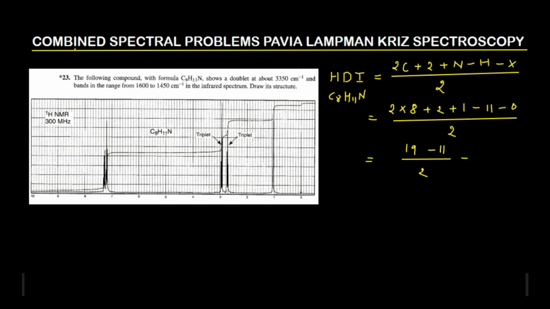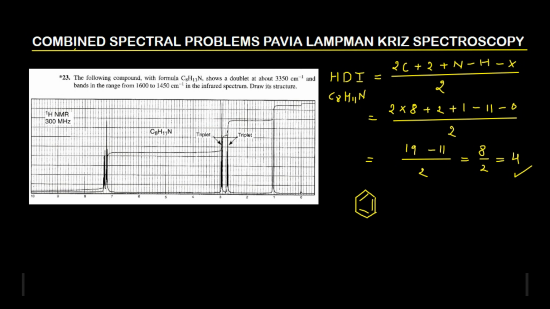This will give you simply 8 by 2 equals 4, right? So the hydrogen deficiency index is 4, and this is the perfect fit for benzene. So these are the 3 double bonds and 1 ring. Okay, so this is a perfect fit for the hydrogen deficiency index of 4.